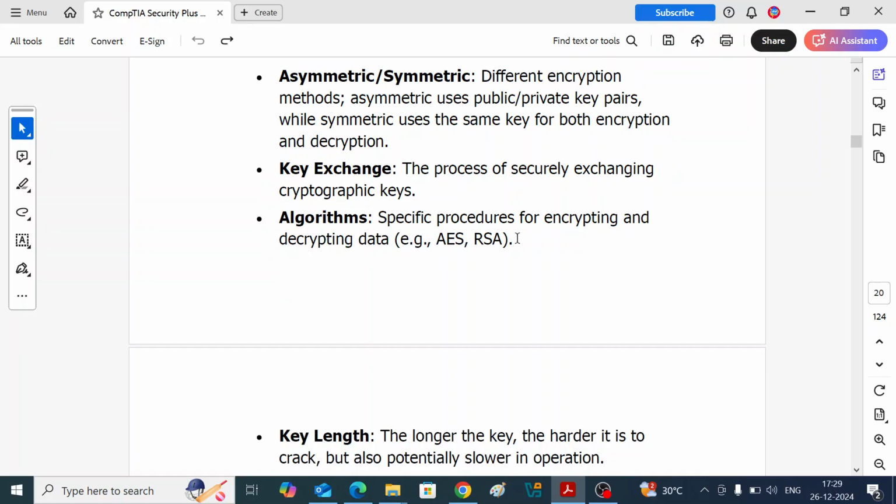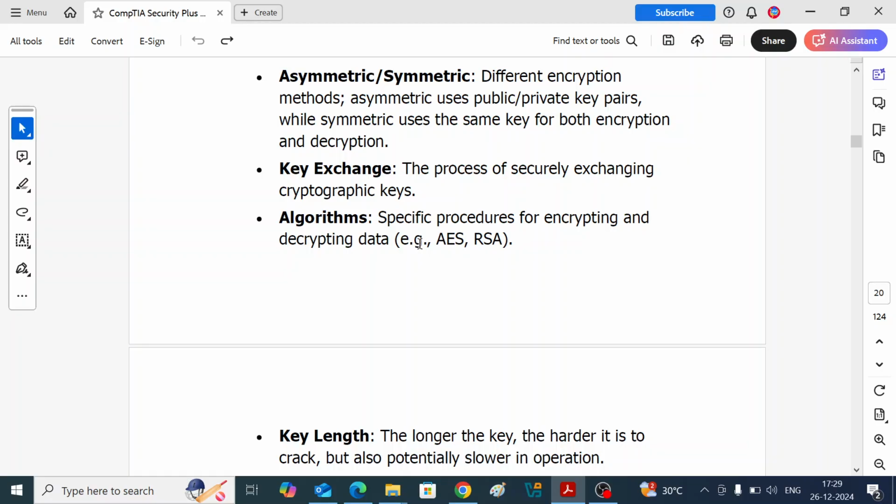So, algorithms: specific procedures for encrypting and decrypting data. Algorithms basically help us with the specific procedures for encrypting and decrypting the data. Examples would be AES, which stands for Advanced Encryption Standard. That is mostly used right now for encrypting data.